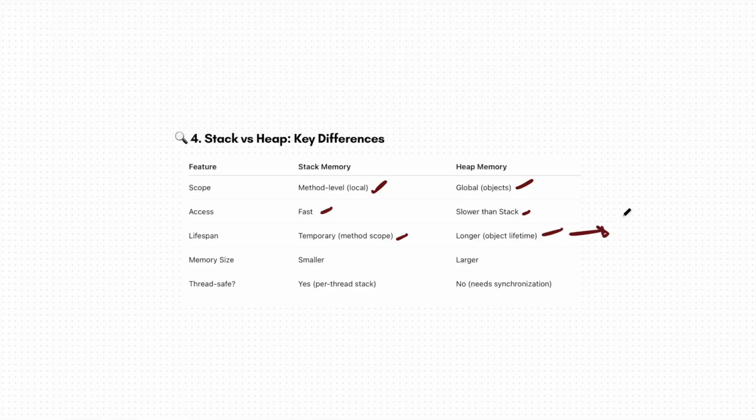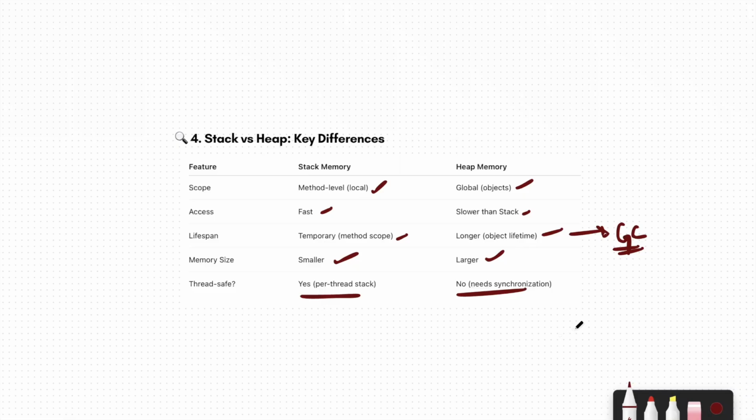Never. Only the data can be removed with the help of the garbage collector. I will show you how it is done. The stack is smaller in size, obviously, and the heap is bigger in size. The stack is thread safe, yes, because every thread has its own individual memory, right? And the heap is not thread safe because every thread can access this memory, right?